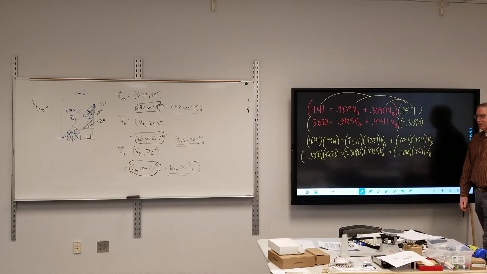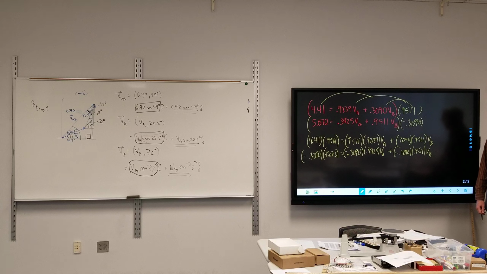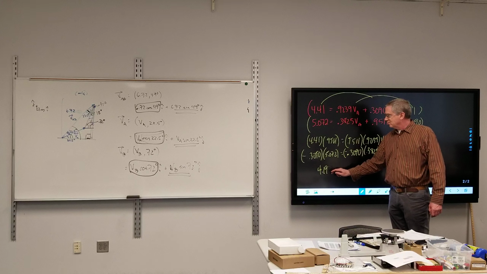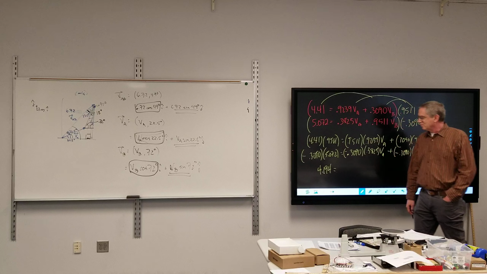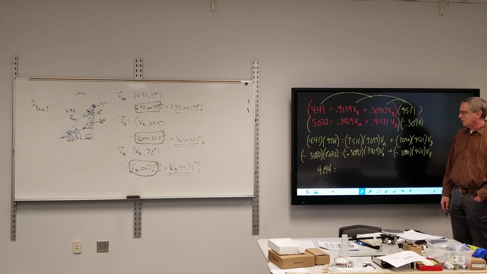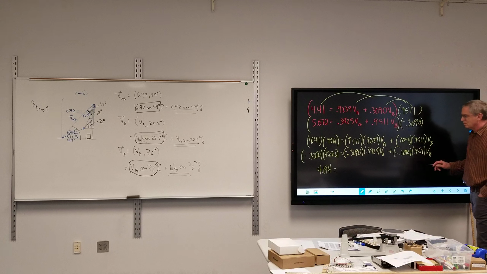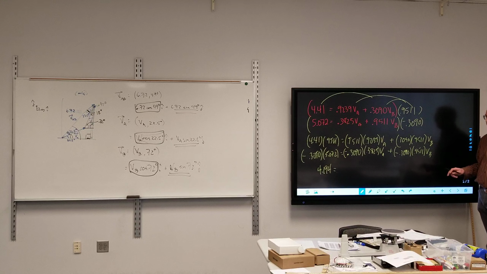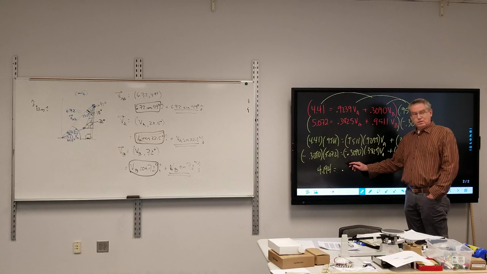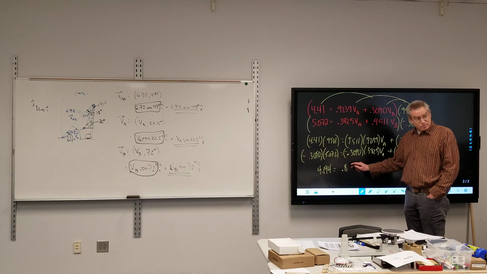Okay. I'm lost now. Well, I did calculate the 4.41 times 0.9511 is 4.194. Wait, 8, 7, 8787?